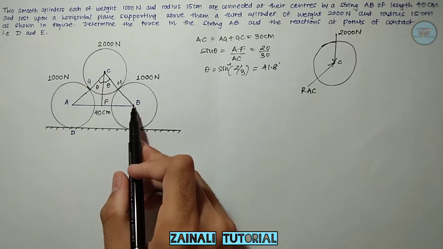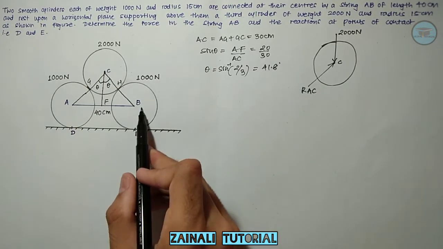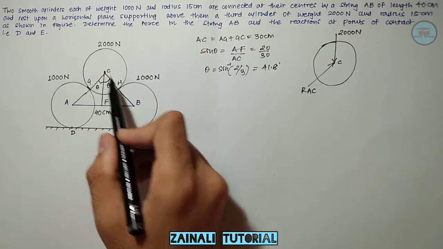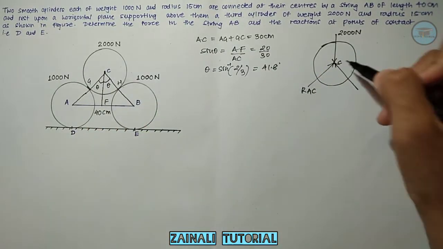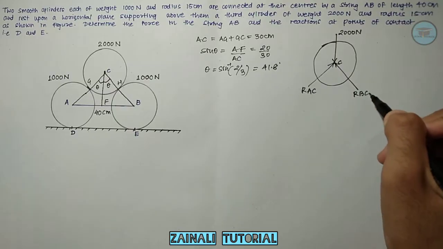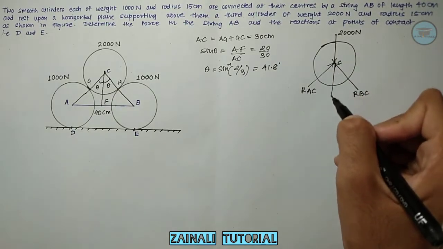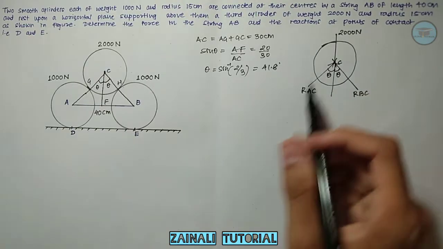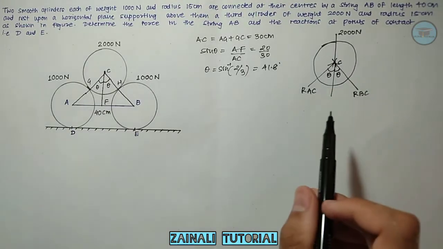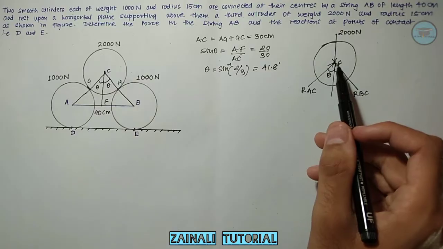Similarly, the reaction coming from B on C due to the contact point we name RBC. We know this angle as theta, and this angle is also theta. Now there are three forces and they are concurrent, so we can easily apply Lami's principle.